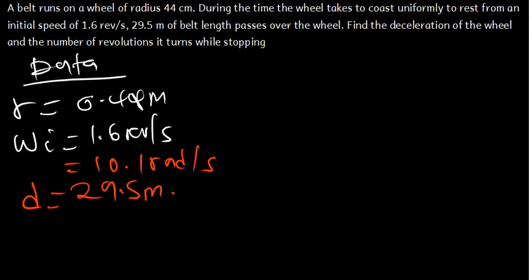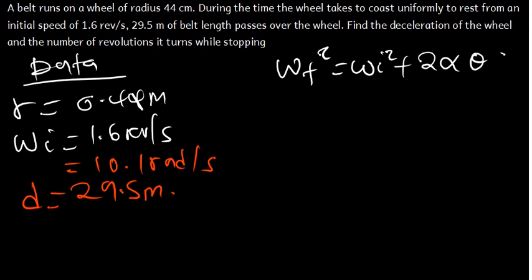But remember, we have the angular velocity, so it's going to be omega final squared equals omega initial squared plus 2 times angular acceleration times theta. But we have got the distance here. We have to find the theta. The relationship is that the linear displacement is equal to the angular displacement times the radius. Our goal is to find theta. We are going to divide both sides by r.